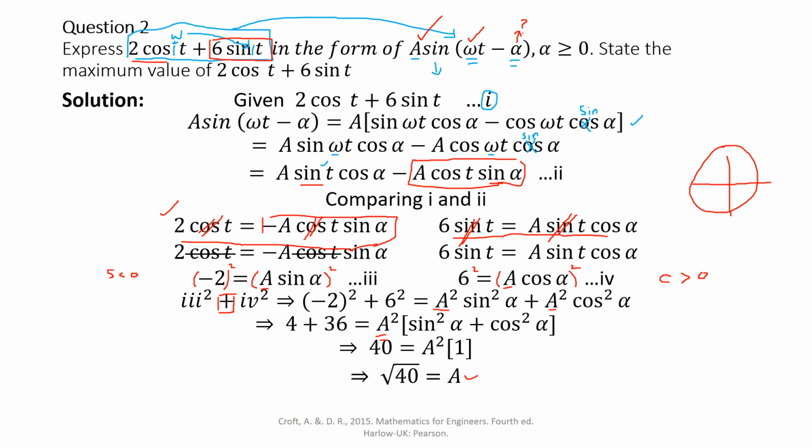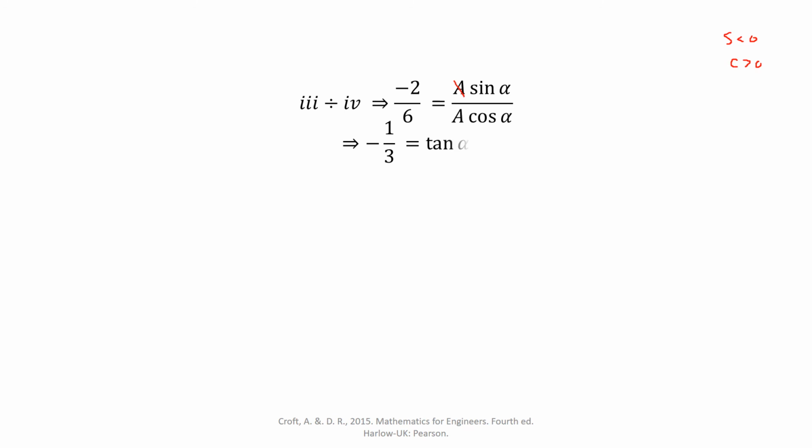But keep remembering, sine is negative and cos is positive. After division, tangent is coming negative, a cancels with a and there is minus, so now tan is also negative.